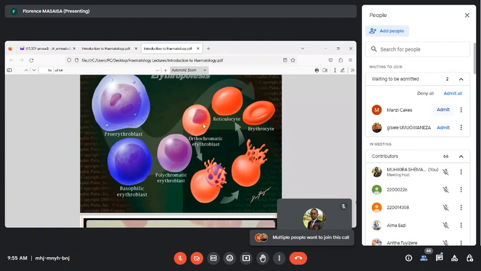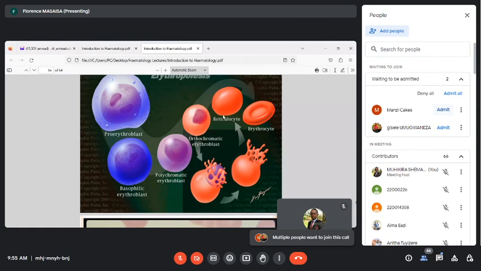From the orthochromatic one, the cell releases the nucleus and becomes a reticulocyte. So the reticulocyte comes from the orthochromatic erythroblast when it releases the nucleus.